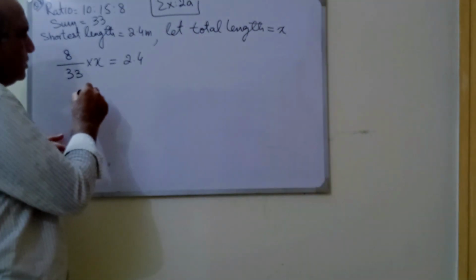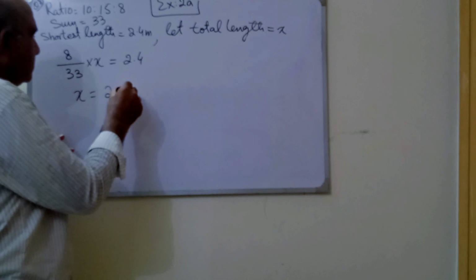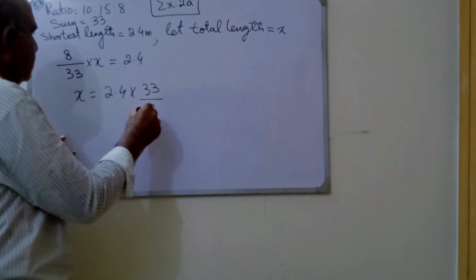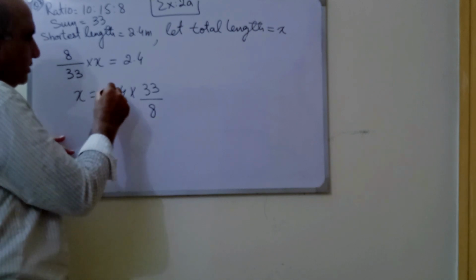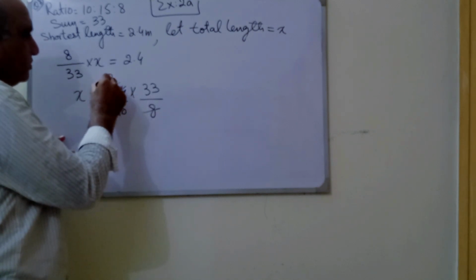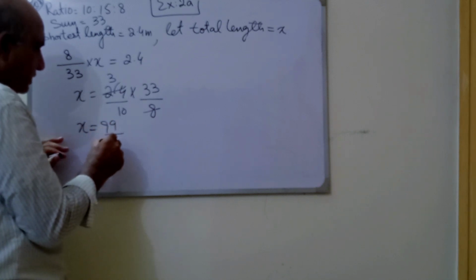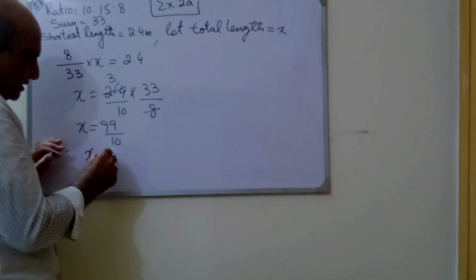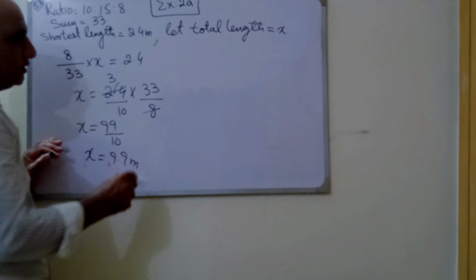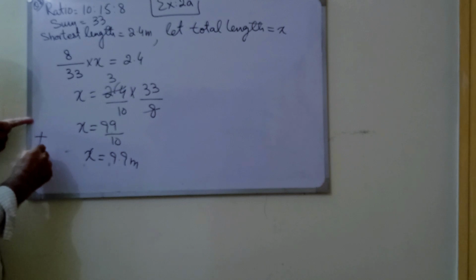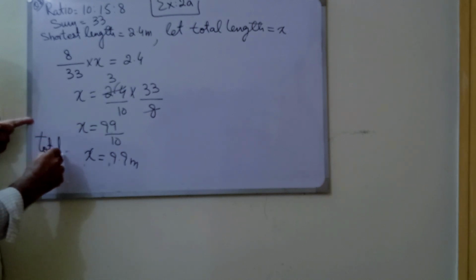8 over 33 into x is equal to 2.4 for the shortest, right? To find total, it is 2.4 into 33 over 8. 8 3s are 24. So x is 99 over 10. We can say it is 9.9 meter. This is the total length.